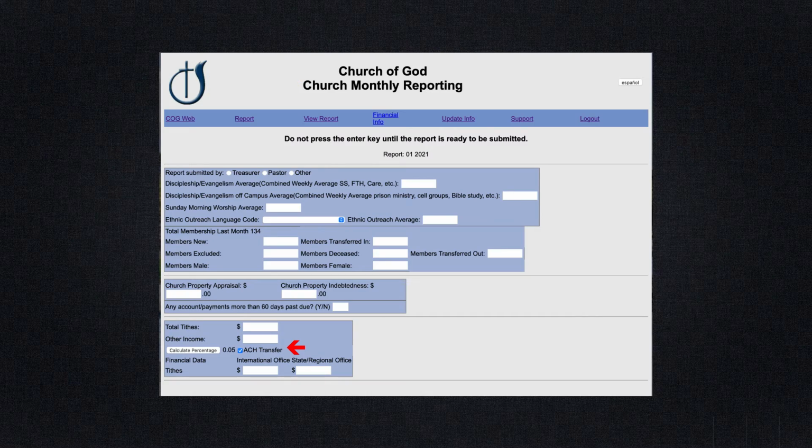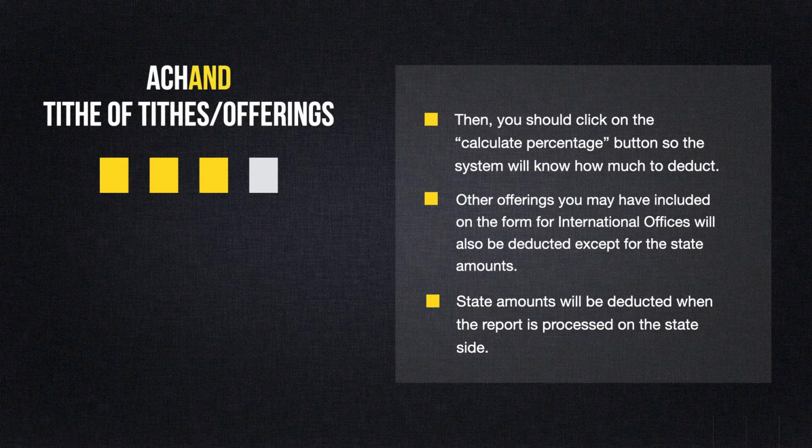On the screenshot, you'll notice a red arrow that shows you where the ACH transfer button is on the online church report. To the left of the ACH checkbox is a button called Calculate Percentage.